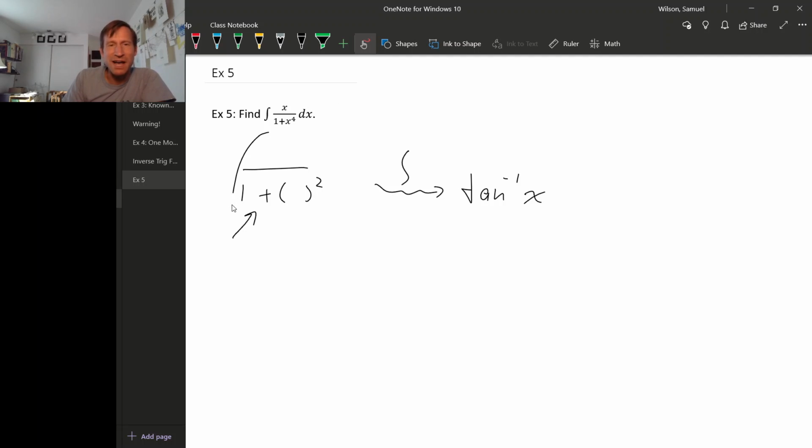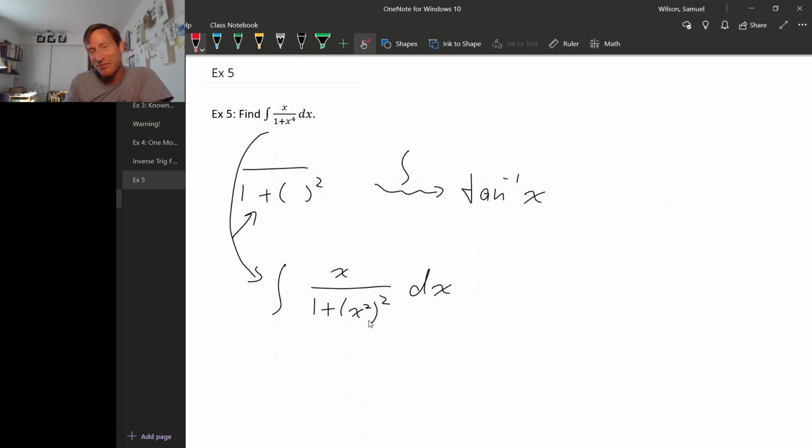But look, we can do some algebra on this. Leave the numerator alone, but we could rewrite the denominator as 1 plus x squared squared. Now that we have it written this way, this set of parentheses gives me a new idea for a substitution.